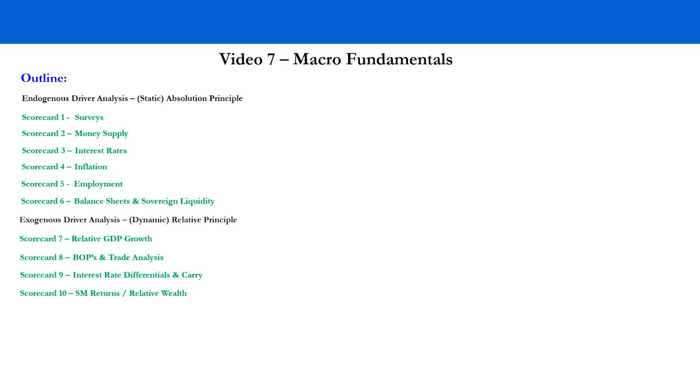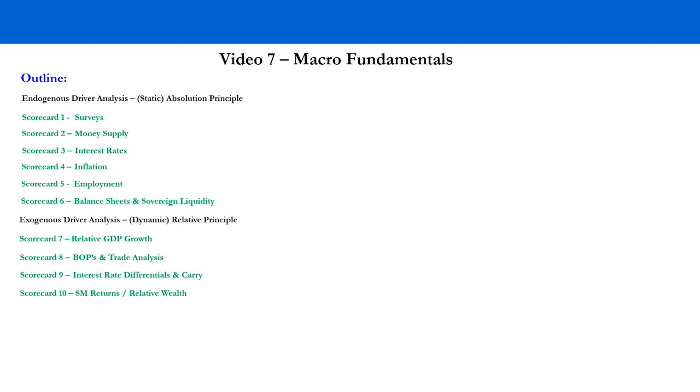And what that means is basically we're looking at a country in absolute terms to begin with, so the endogenous driver analysis, and we need to look at something called the static or absolute principle. So what we're actually doing is looking at a country in its entirety in absolute terms, not relative to another country.